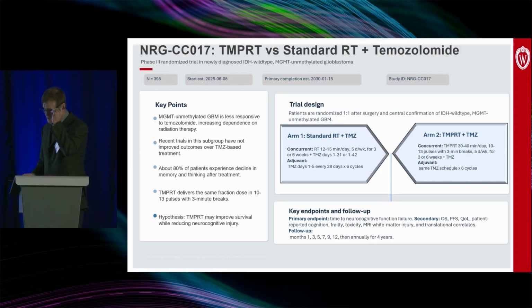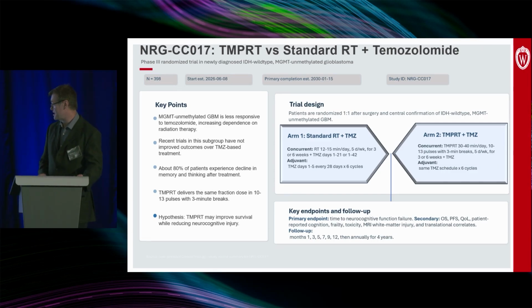One interesting thing that'll be happening as a result of a bunch of phase 2 data that's gone into this is that this year a new phase 3 trial will be open, and it's a pretty exciting trial because essentially we have a group of patients that don't tend to do well on temozolomide, which is kind of the standard of care.